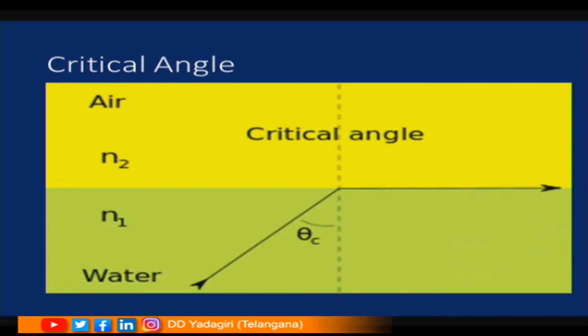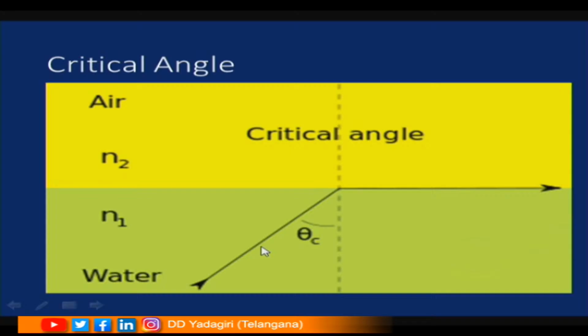Children, see here in this image we are seeing that light is moving from denser medium to rarer medium. The denser medium here is water and the rarer medium is air. As the light is travelling from denser medium to rarer medium, the refracted ray should bend away from the normal.